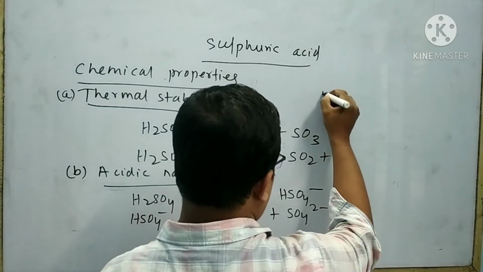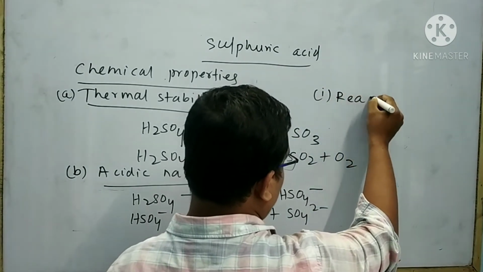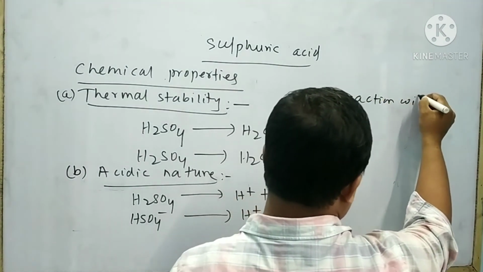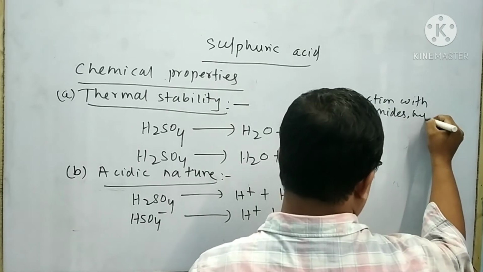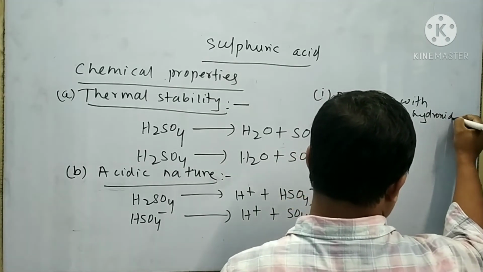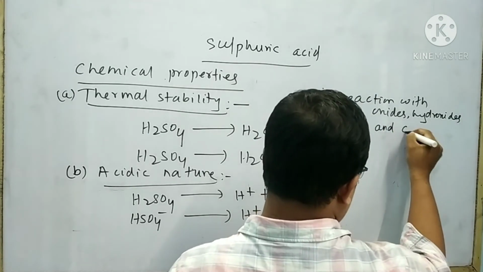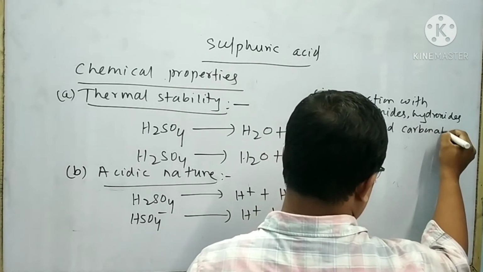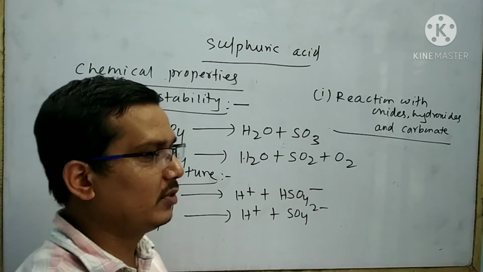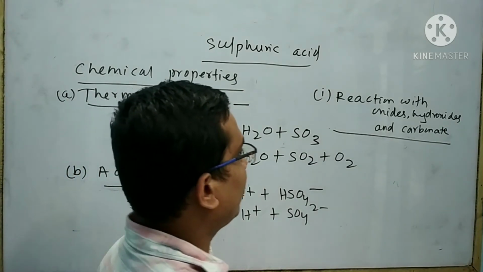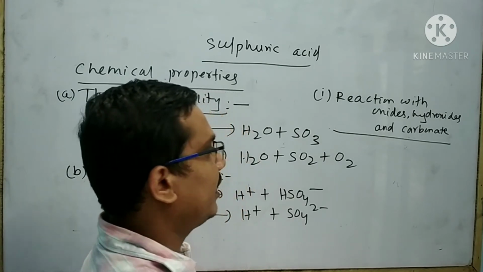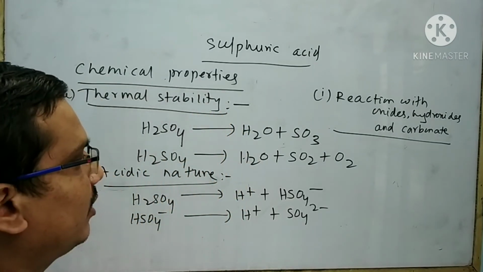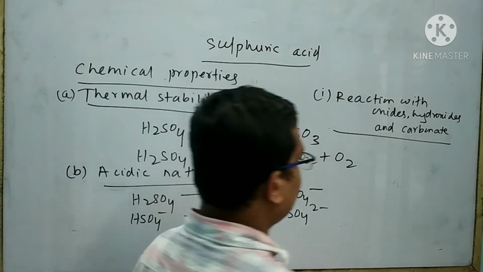First reaction is reaction with oxides, hydroxides and carbonates. When sulfuric acid reacts with oxides or hydroxides or carbonates, then a salt is formed.